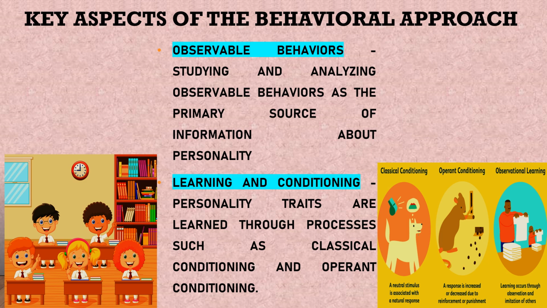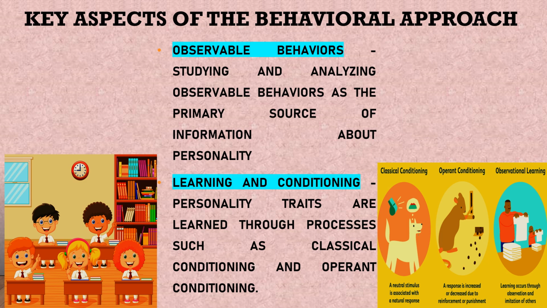Next is learning and conditioning. Behaviorists propose that personality traits are learned through processes such as classical conditioning and operant conditioning. Classical conditioning occurs when a neutral stimulus becomes associated with a specific response, resulting in the development of a conditioned response. And operant conditioning involves the use of reinforcement or punishment to strengthen or weaken specific behavior.